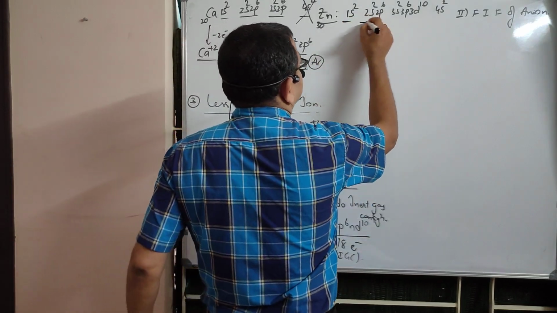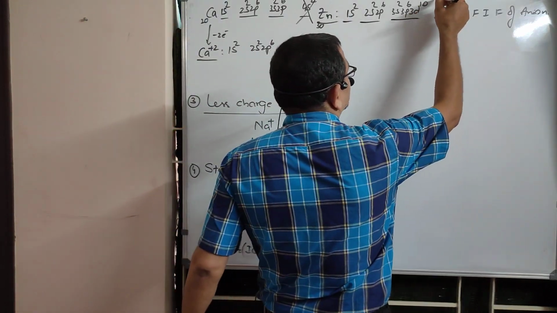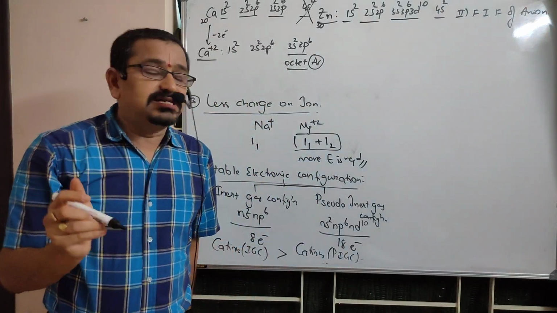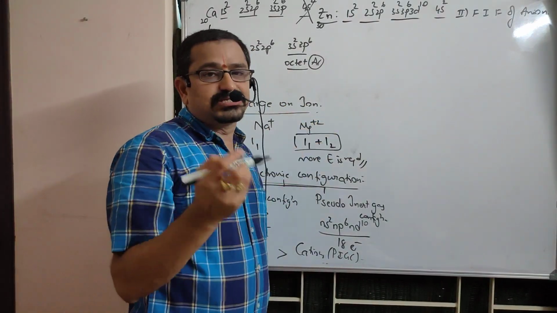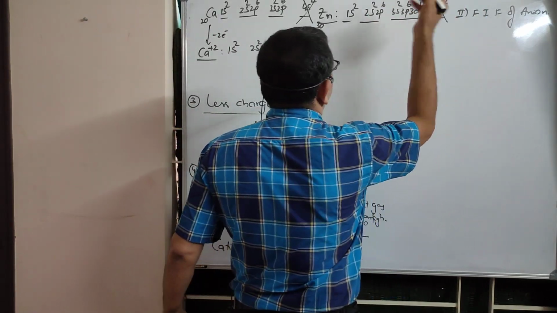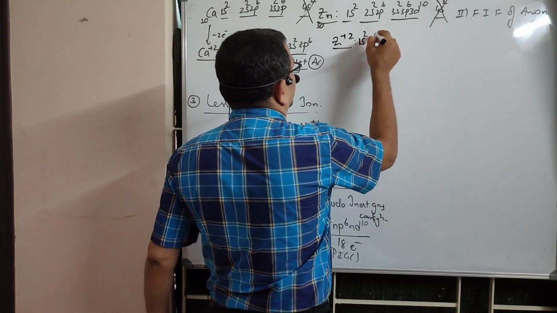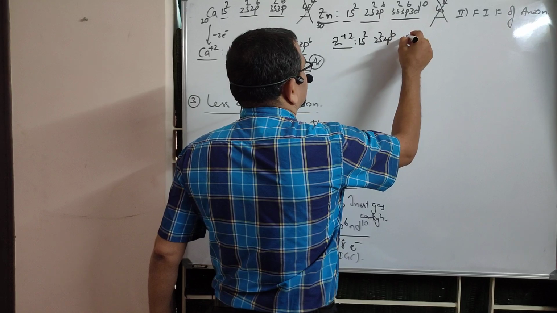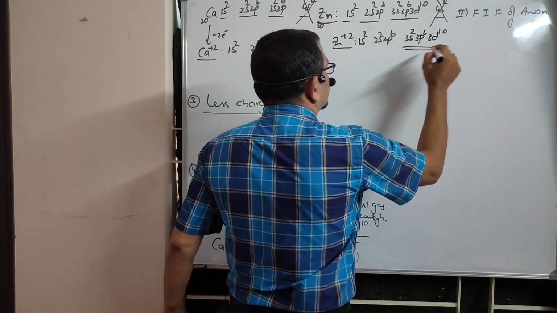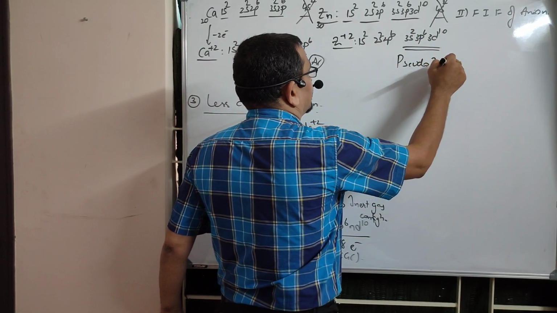Even in zinc, the outer shell has only 2 electrons. To get an octet, it has to gain 6, which is quite impossible. That's why zinc also loses those 2 electrons and becomes the Zn2 plus cation, whose electronic configuration is 1s2, 2s2, 2p6, 3s2, 3p6, 3d10. Now zinc is stabilized with the pseudo inert gas configuration.